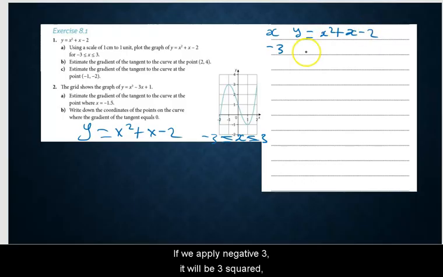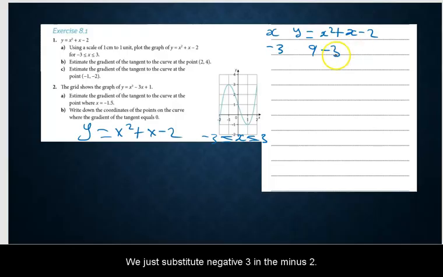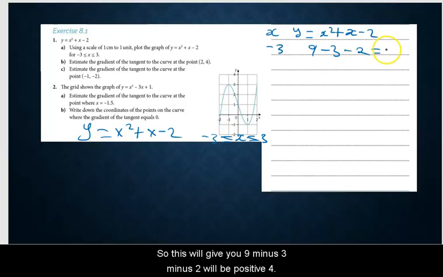If we apply -3, it will be (-3) squared, that is 9. So we have 9 minus 3. We just substitute -3 in the x, then minus 2. So this will give you 9 minus 3 minus 2, which will be +4.